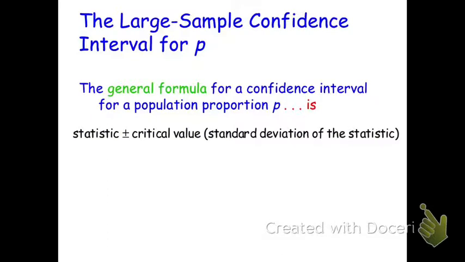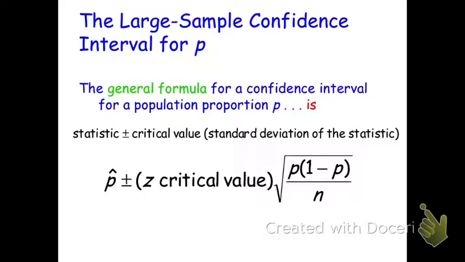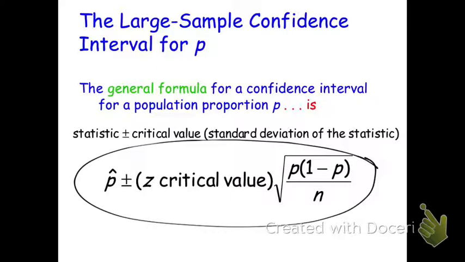If I were to write words for the formula, these are the words: statistic plus or minus critical value times standard deviation. This is the formula that you will use for confidence intervals. The words are on your formula chart.